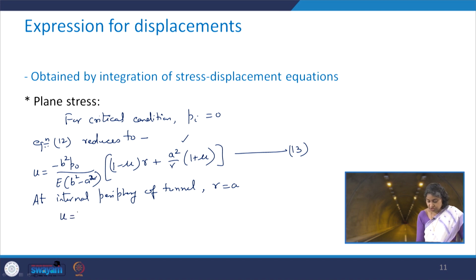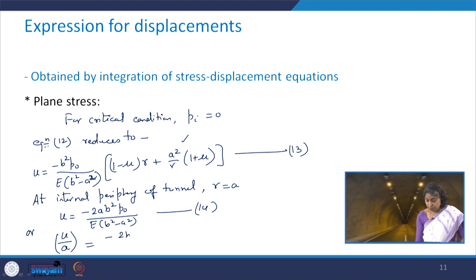What you will get is u as minus 2 a b square p naught upon E times b square minus a square, and we can write this in the non-dimensional form, that is u by a will be equal to minus 2 b square upon b square minus a square into p naught upon E.